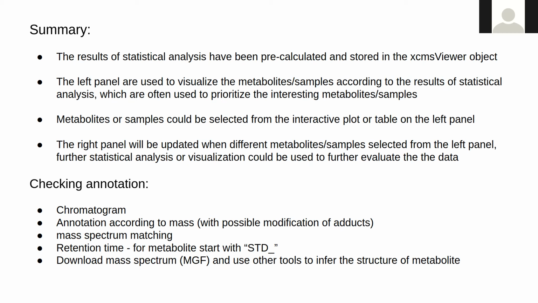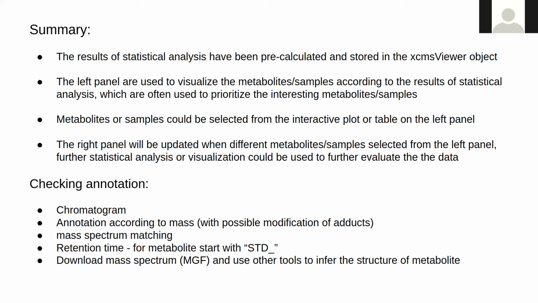If we want to be sure, we need to check the spectral matching. If it's a good spectral match, then we can say it rather for sure, or at least we can say the metabolite that we are measuring has some structural similarity with the annotation. And because at BioMS we have standard compounds, or reference compounds, when we have a metabolite annotated with STD, it's also useful to check its retention time.